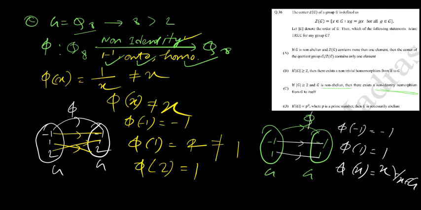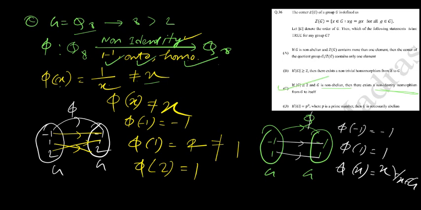It is non-identity, because the function phi x equal to 1 by x is not equal to x. And it is an isomorphism, a one-one onto homomorphism, that means phi is an isomorphism from G to G itself, Q8 to Q8 itself. Yes, there exists an isomorphism like that. So option C is correct.